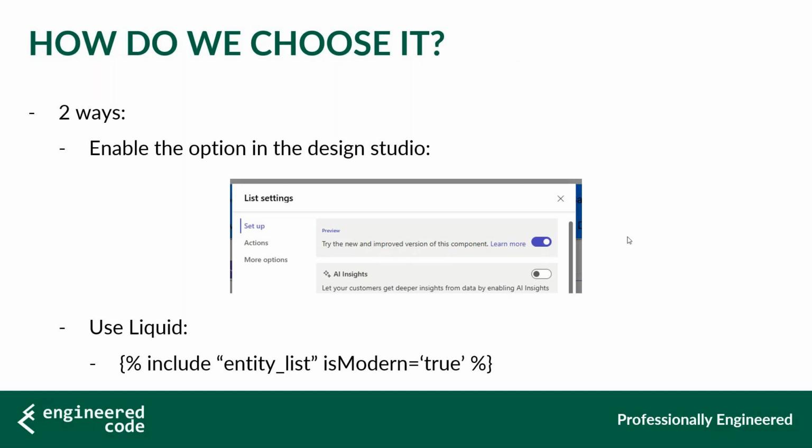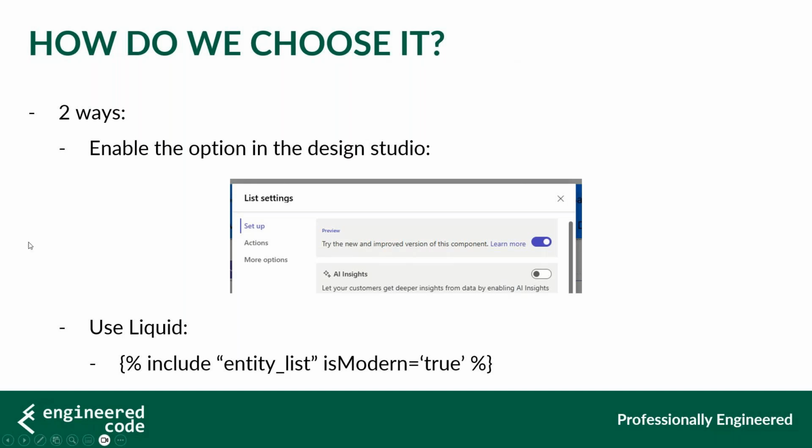In this case, the web template's maybe not stored as a web template in your Dataverse. It's a web template that's stored as part of the Power Pages code, but same idea. That attribute is defining which version of that control to output. So that's how you can control what's there.